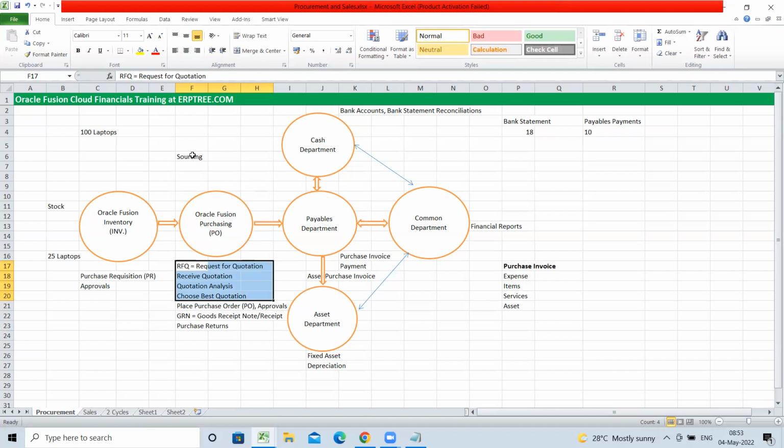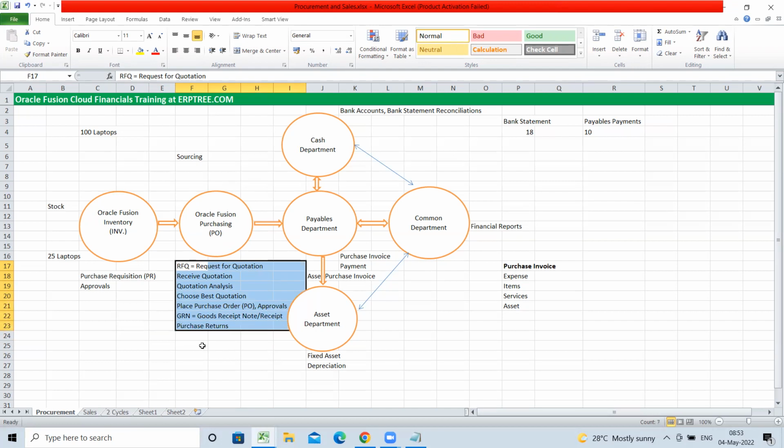When you go into detail, that is the point we have to understand. To understand this process flow, you go with this information for the purchasing application. You can say the purchasing department can be involved in all these activities.